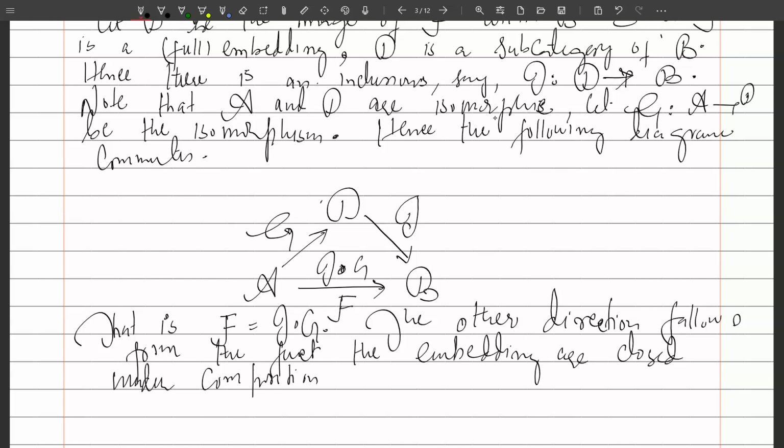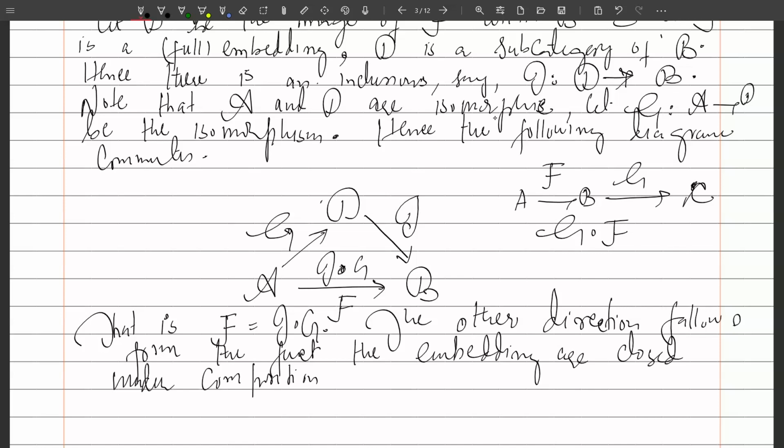Suppose we have an embedding F from category A to category B, and an embedding G from category B to C. Then if we look at the composition G composite F, this is also an embedding.